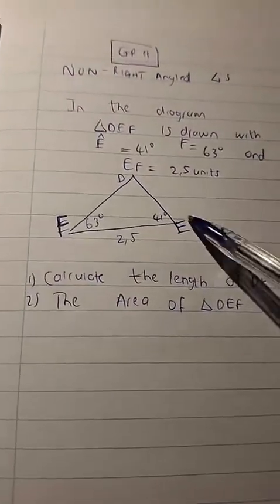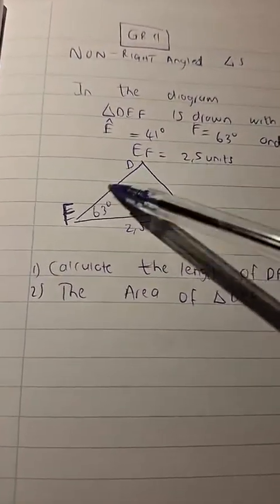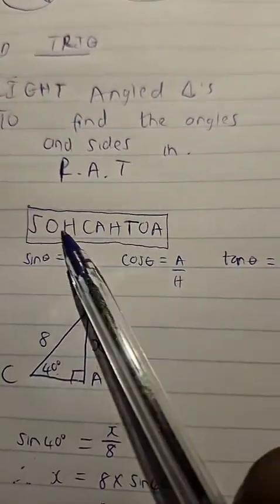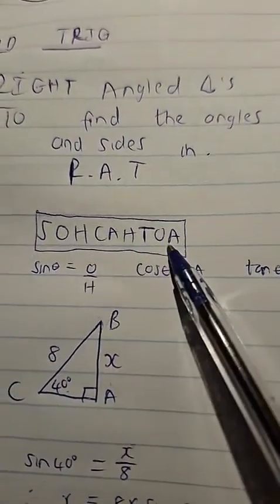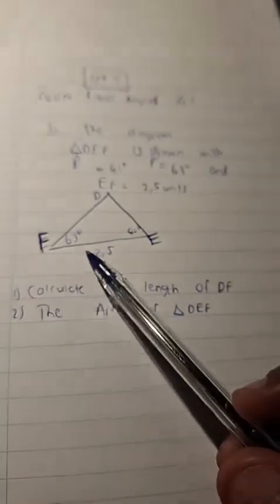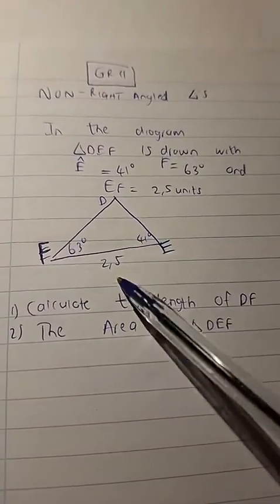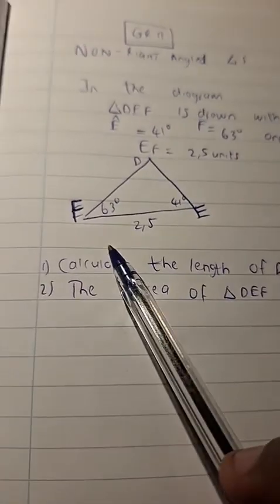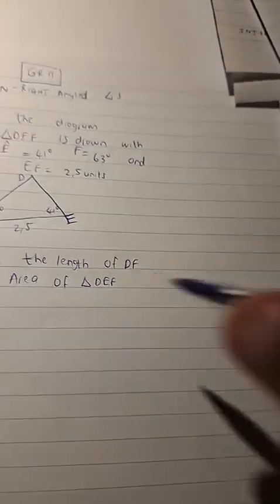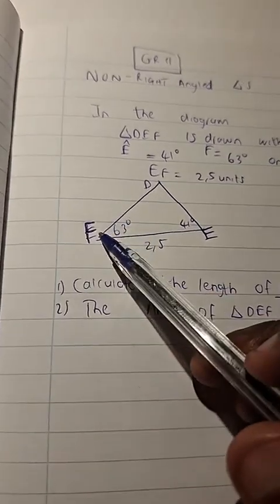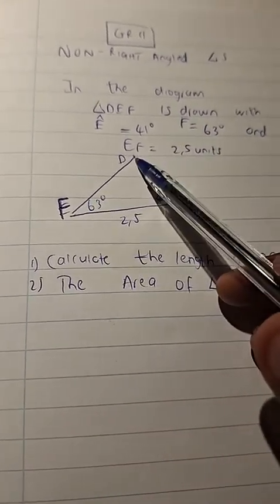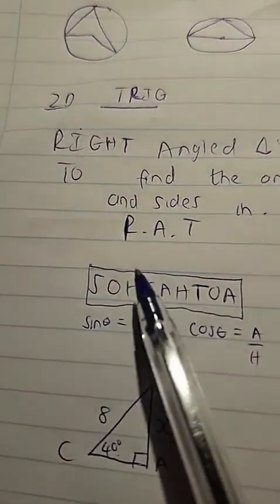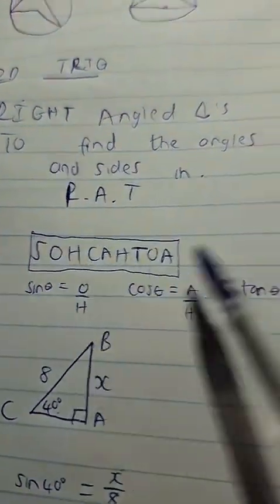Okay, now the honest reality is that, had this been a right angle triangle, I would have simply used the what? The trig ratios, SOHCAHTOA. But because this is a non-right angle triangle, and I want to find the length of DF, which is there, there is no hope in heaven of using your SOHCAHTOA.